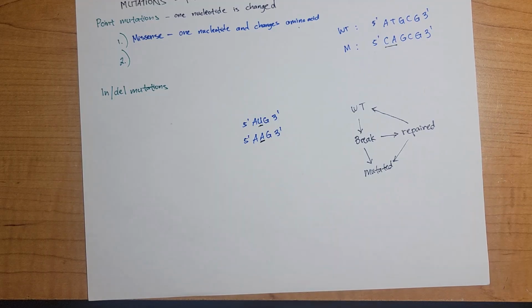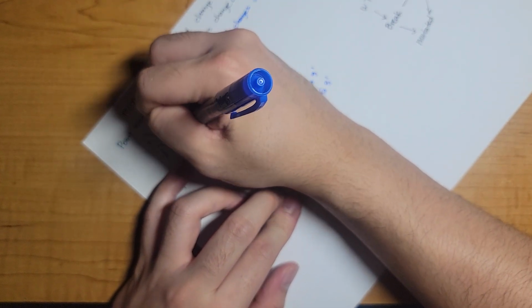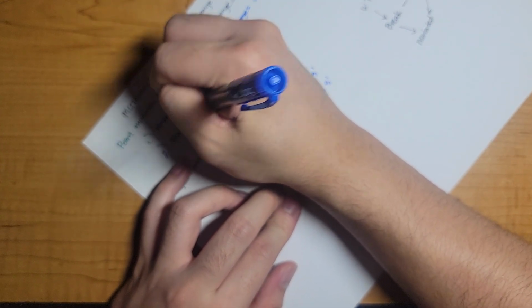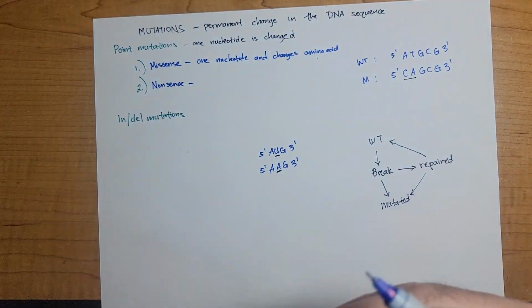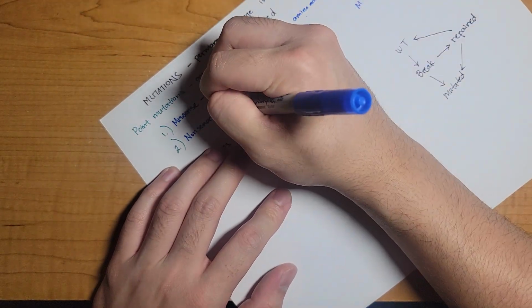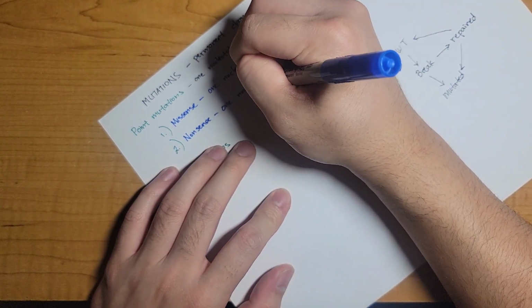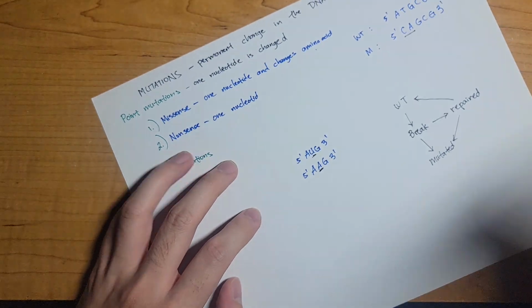And then there's also another kind of point mutation, which is the nonsense mutation. It's kind of the same logic as missense. The only difference is that it's a change of the codon to a stop codon. So one nucleotide is changed, but it caused an early stop.